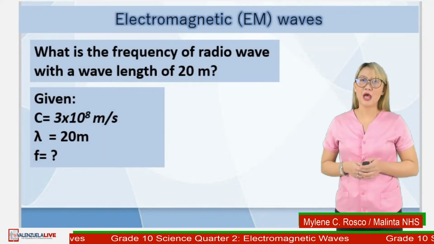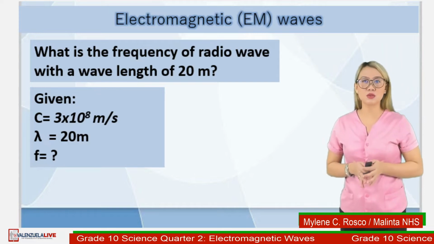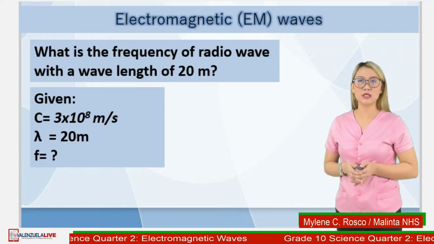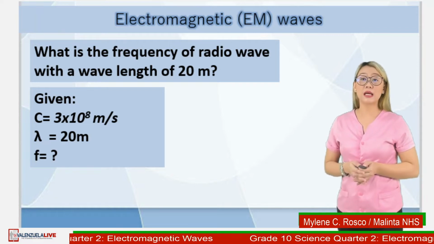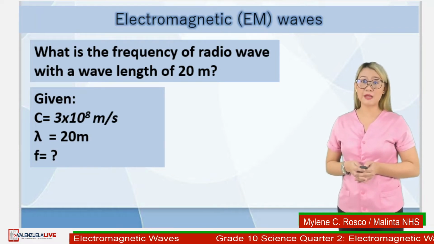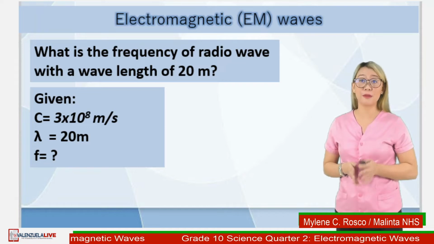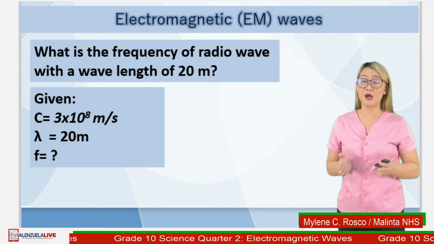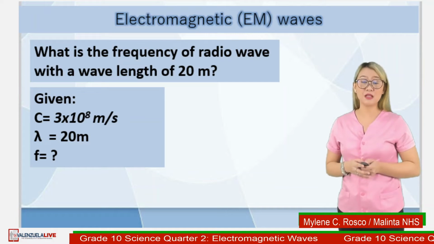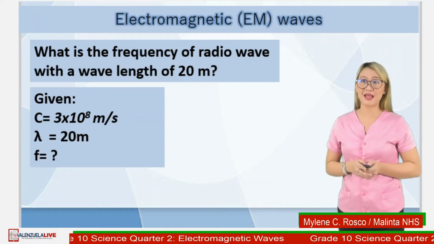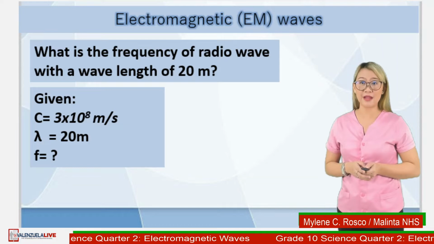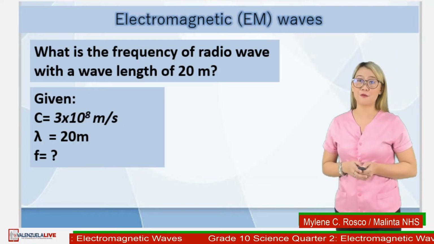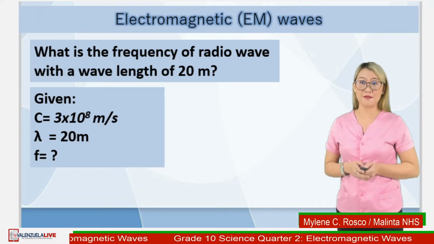The speed of the wave is equal to 3 times 10 raised to the power of 8 meters per second. Remember, it is constant. Even if it is not given in the problem, the speed of EM wave is constant. And we have wavelength, which is 20 meters, and we are looking for the frequency of the wave.